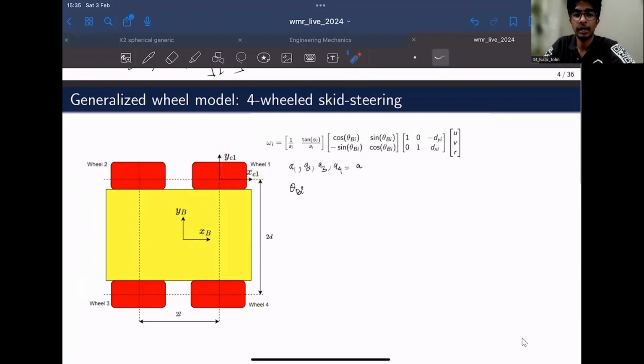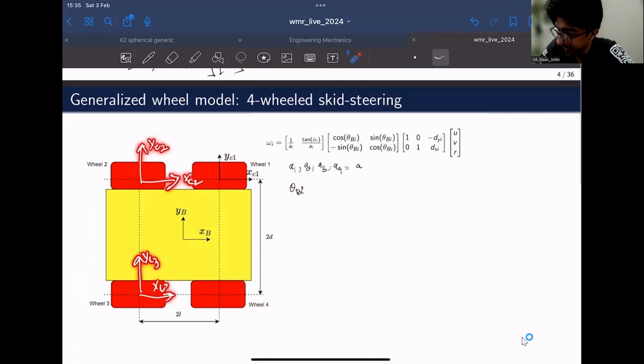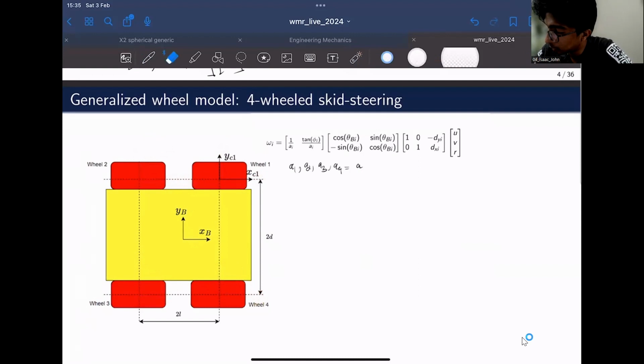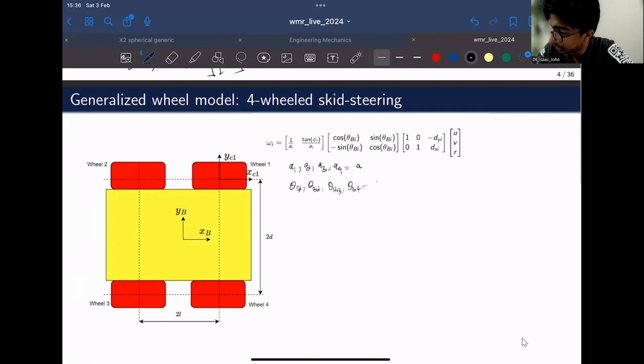There is no relative orientation between frame C and frame B. That can be said for all four wheel frames: YC2, XC2 here as well, YC3, XC3, and here YC4, XC4. So theta B1, theta B2, theta B3, theta B4 are all going to be 0.